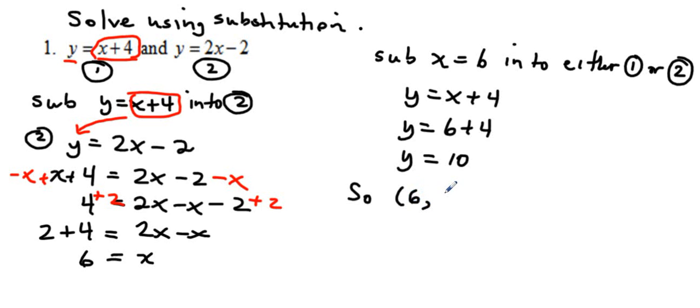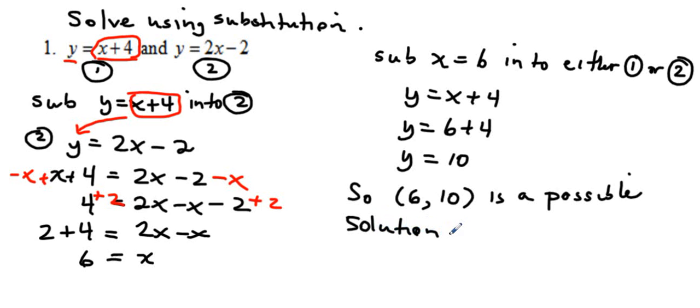I think I've got an answer. So 6, 10, remember this is x, this is y. We always do it in x, y order. So 6, 10 is a possible solution. And I say possible because we always want to check. So let's check 6, 10.